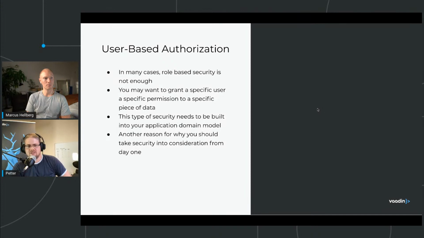For example, in this sample application, we want to be able to grant specific permissions on specific mailboxes to specific users. And this isn't something that you can just rely on a framework for. And you actually have to build this into the domain model of your application.